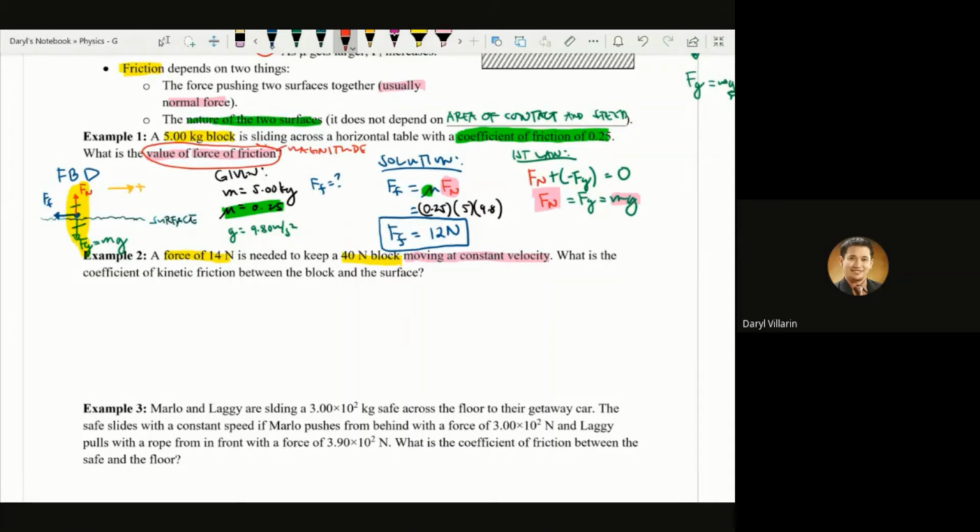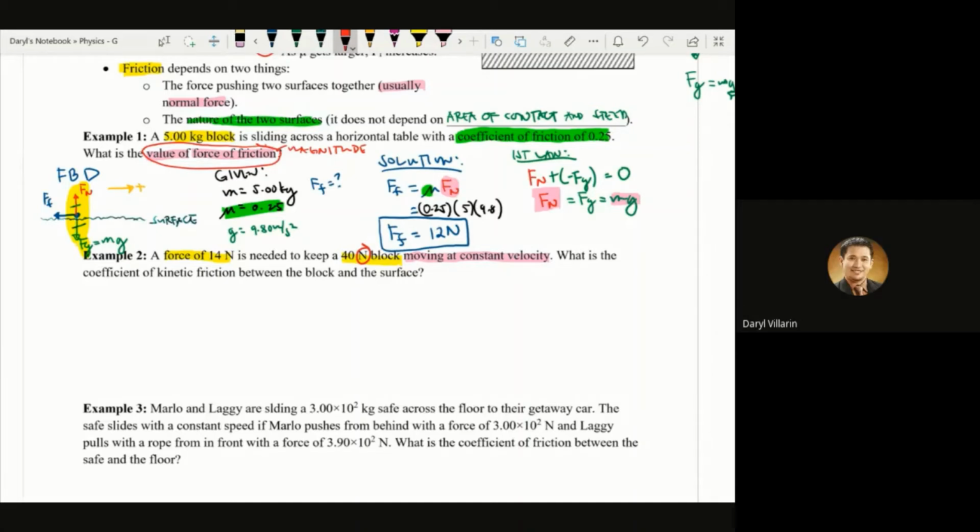Remember, the object is 14 newtons, so that means that you're given the weight, not the mass. This is a common mistake by students. Even though they're already given the weight of the object, they still multiply by 9.8. Well, it's no longer mass. This is already the weight of the object, and it's moving at a constant velocity.